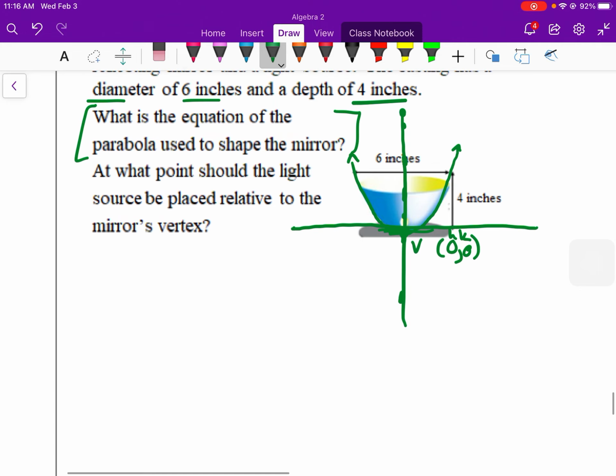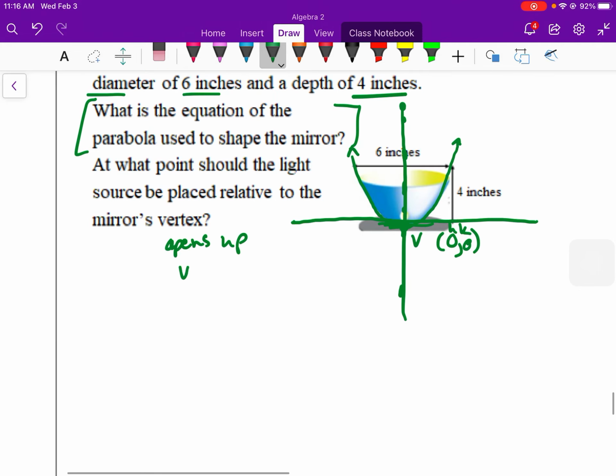So it opens up, and the vertex is at 0, 0. So the standard form of that equation is going to be y equals 1 over 4p x squared. So again, we need to find out what p is, because we don't know that yet.